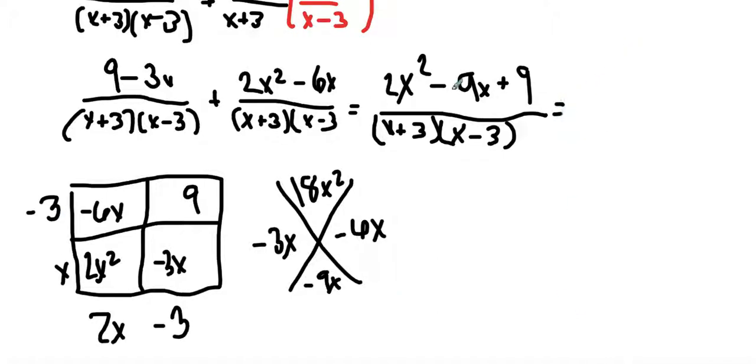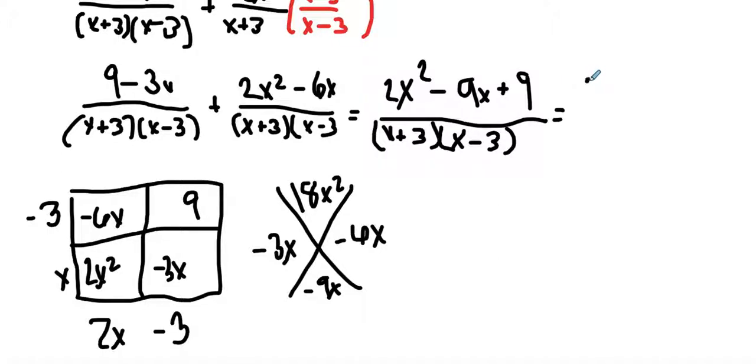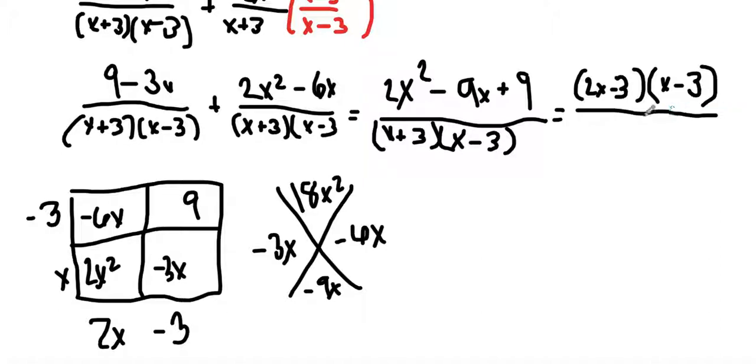So rewriting my numerator as a product, I have 2x minus 3 times x minus 3 over x plus 3 times x minus 3.